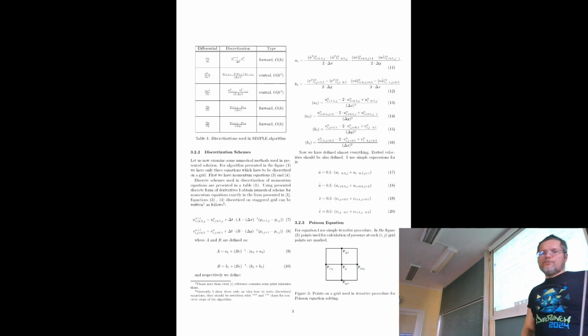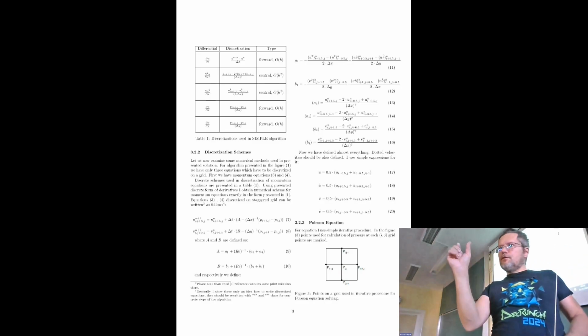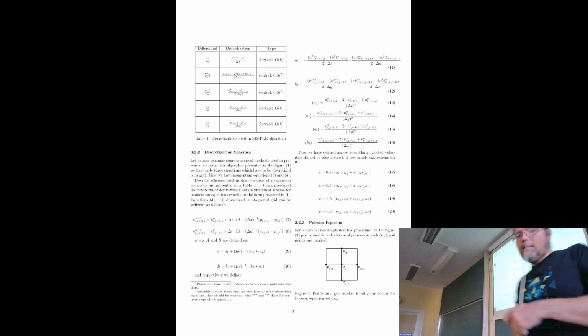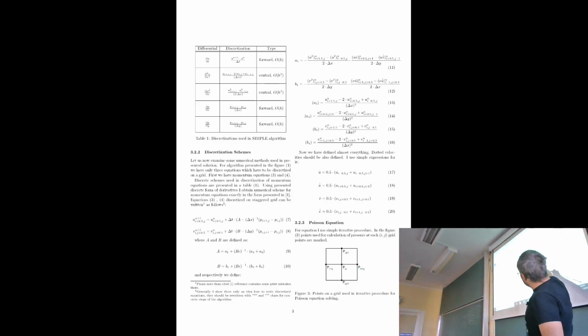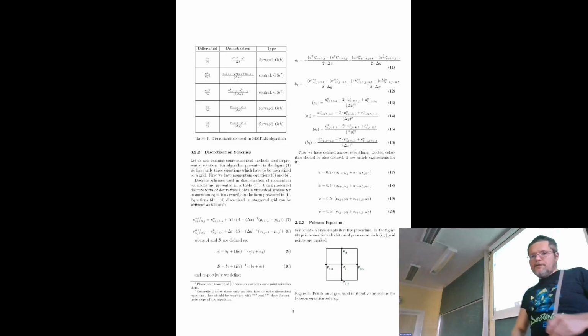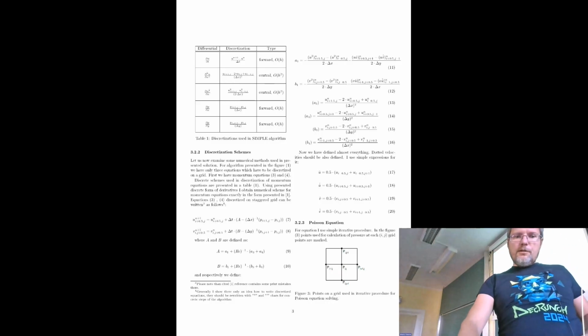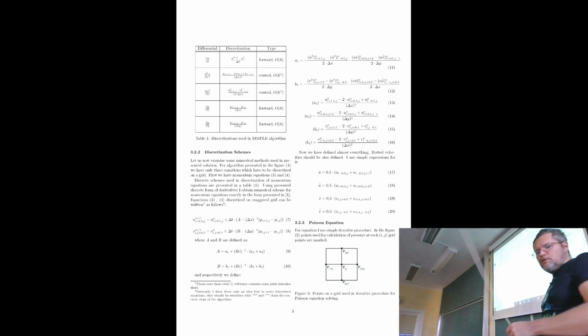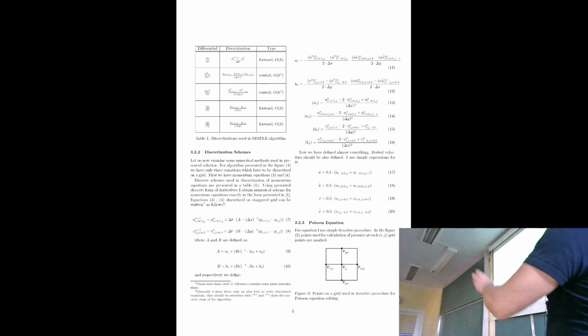Because on a staggered grid, we will be using operators which are basically, for instance, here, this is the difference, 2 times the time step. And to make it second order accurate on a staggered grid, we need to use the proper distance.